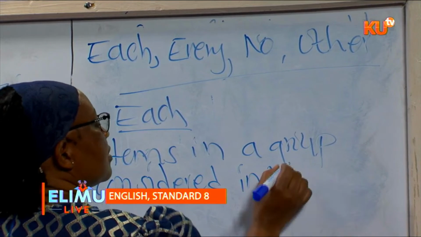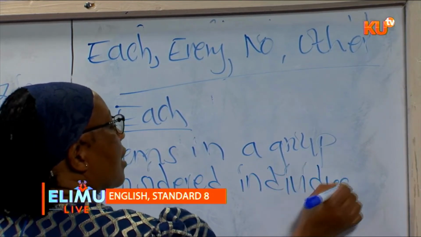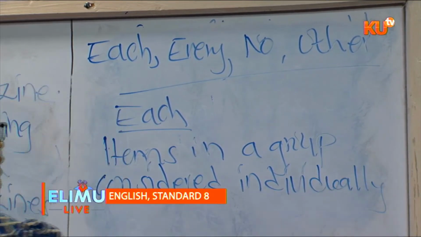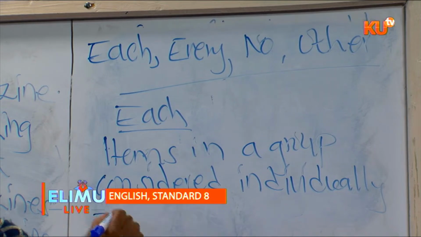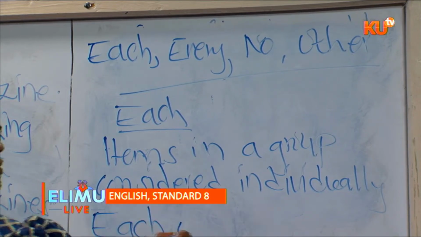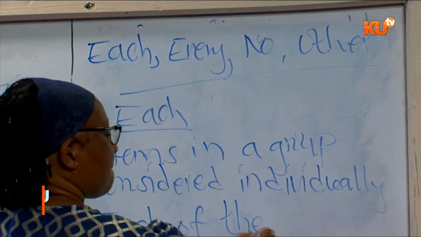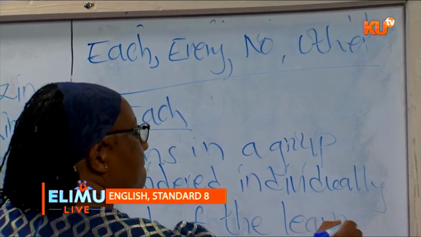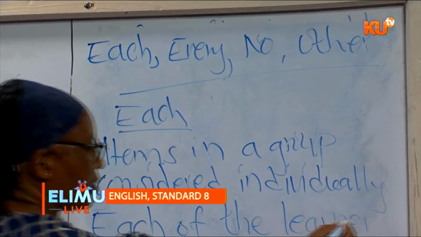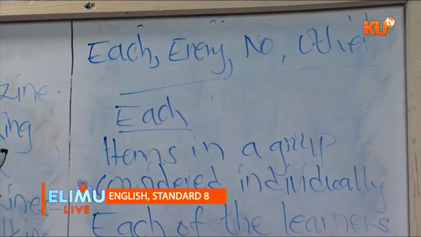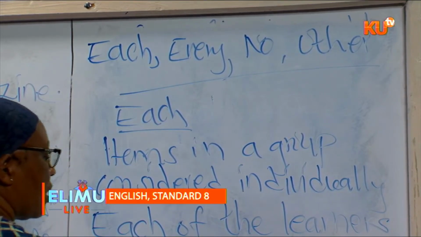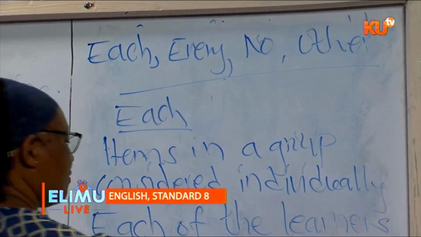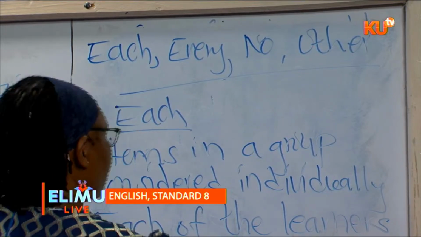For example, you have 10 learners in a class, and you say each of the learners performed well in the exam.